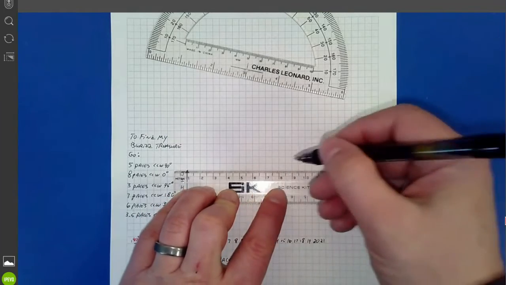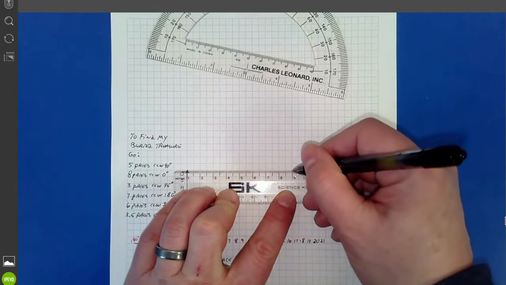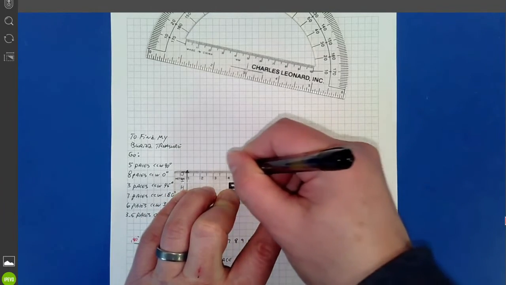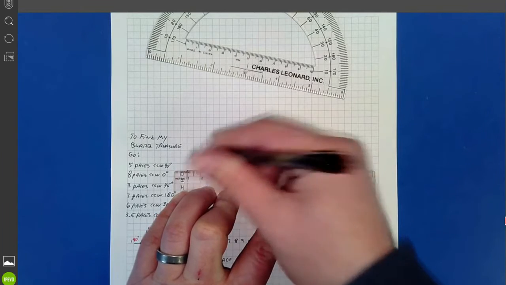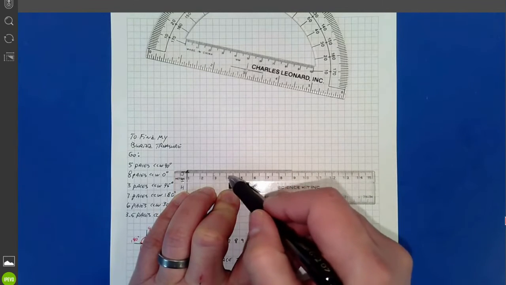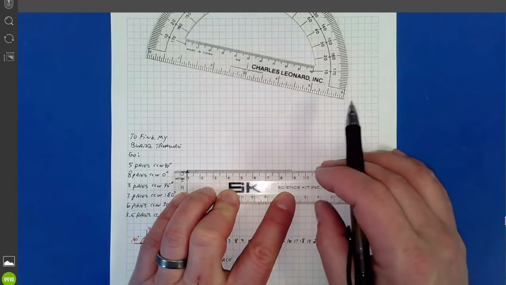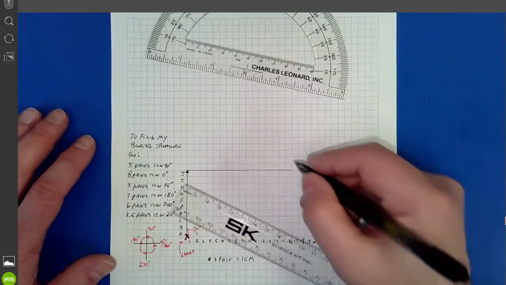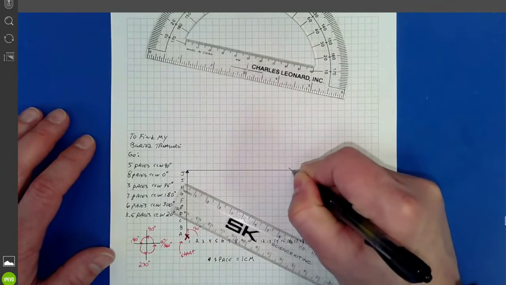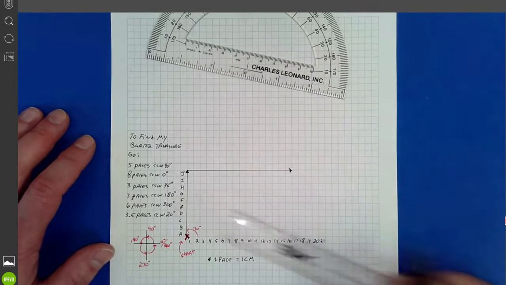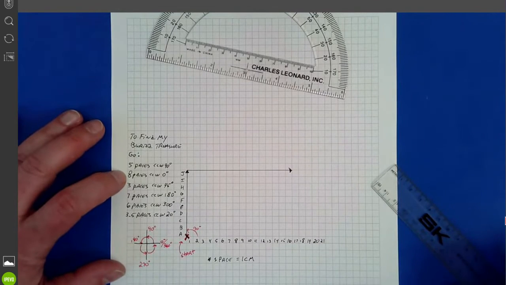If it's 8, I have to go to 9 on this. Again, 1, 2, 3, 4, 5, 6, 7, 8. That is 8 centimeters long. So there's my second vector.